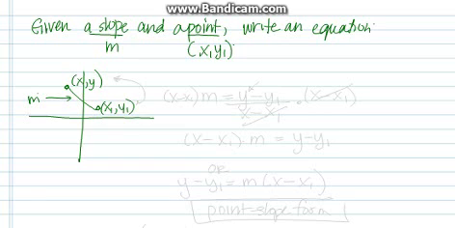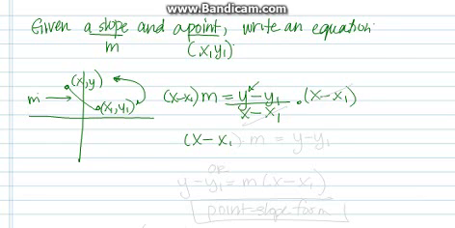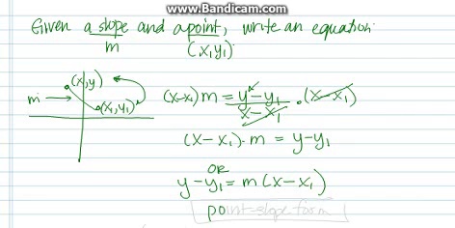Now, we know that if we want to find the slope between these 2 points, m is equal to y minus y1 over x minus x1. So this is a little different than the actual slope formula, which took 2 specific points, because this is in general. So now if we try and manipulate this a little bit, we can multiply by x minus x1 on both sides, which leaves us with x minus x1 times m is equal to y minus y1, since those reduce. Or if we flip that around, we'll have y minus y1 equals m times x minus x1, which is the point-slope form of an equation.